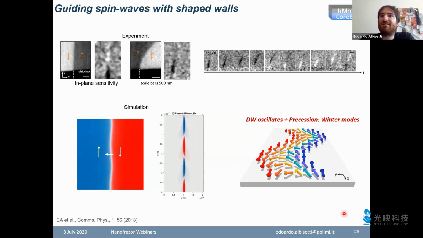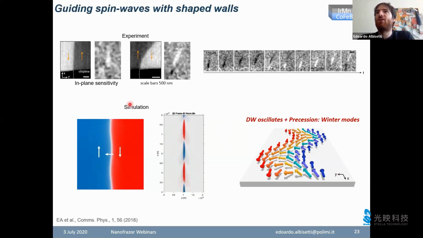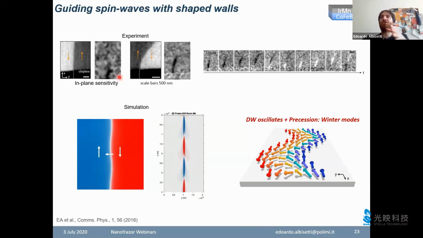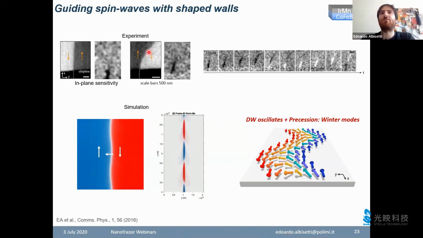Here is the complex geometry of the spin wave, which I will not go into too much detail about, but phenomenologically, these spin waves are wiggling motions of the domain wall. You have to imagine that the static domain wall is like a straight line, and when you have a spin wave, this domain wall, as you see here in the simulation, does like this. And within the domain wall, you also have a coherent rotation of the spins.